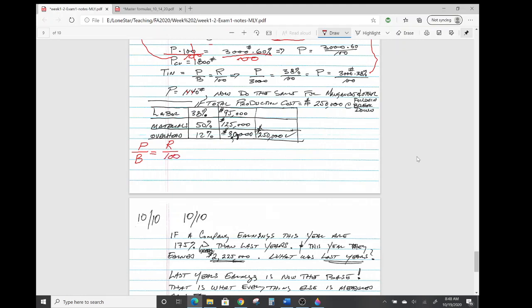Now what's our base? Our base is $250,000, right? That's $250,000. So we're looking for P. So it's P for the first one over 250,000 equals, so we're going to do labor. What's 38? Labor's 38, right? 38% over 100.